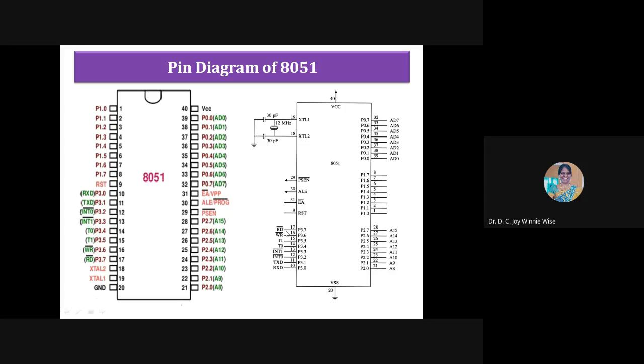So these are the other functions of port 3. It is used for parallel data transfer and also represents some signals: read, write, timer 1, timer 0. Then we have INT1 and INT0, the interrupt signals. And for serial transmission, we have transmit data and receive data.